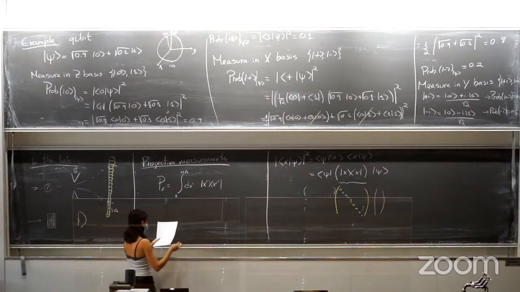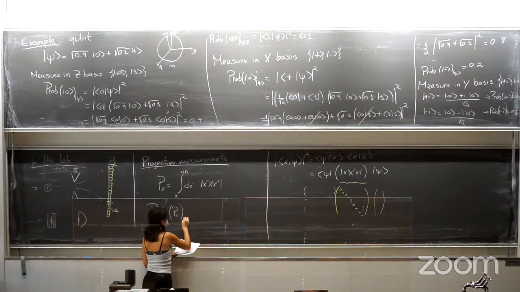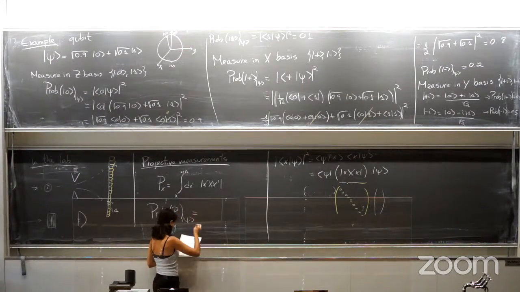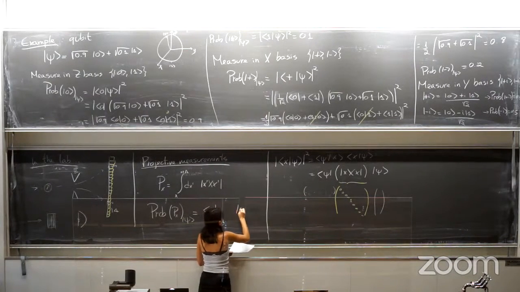So then what we get is that the probability of getting the outcome corresponding to this projector, with the state psi, is the same as before, but now we put the projector here.